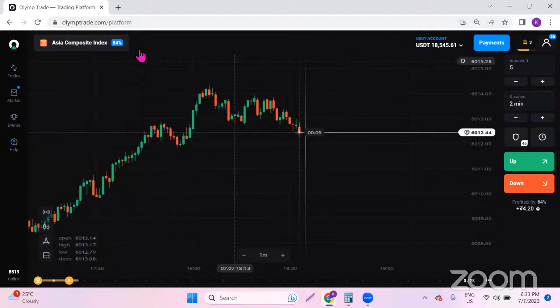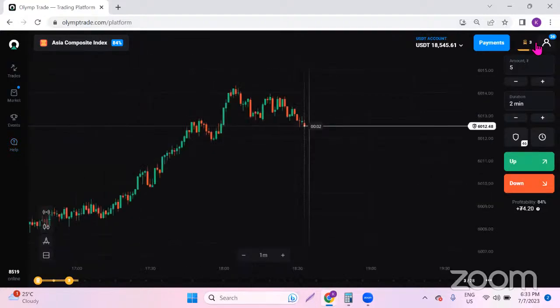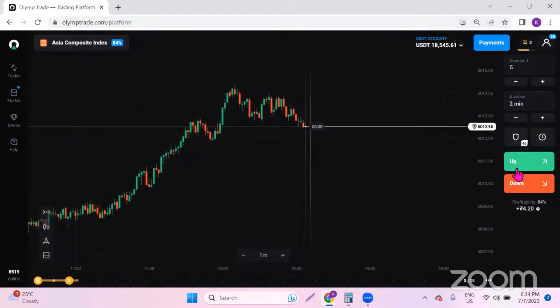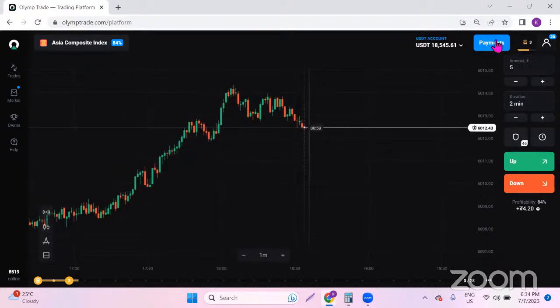The next part is on the right side, which is the profile section, where you can click on payments to make deposits and withdrawals. Then comes the trading part, the up and down buttons, and the risk-free trades, which have a shield kind of sign. You can use them.